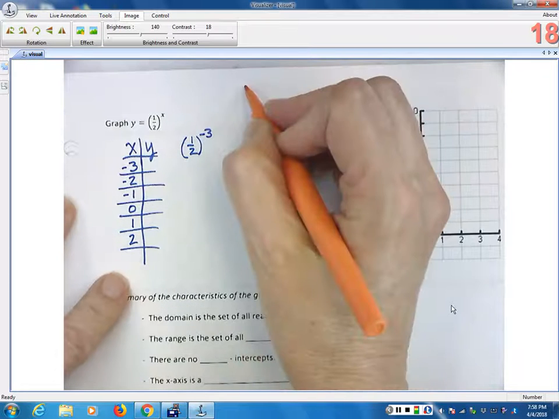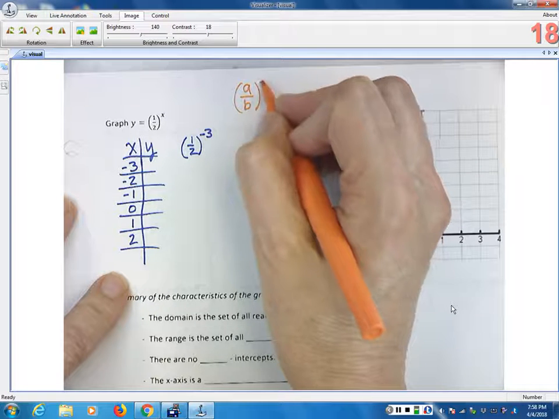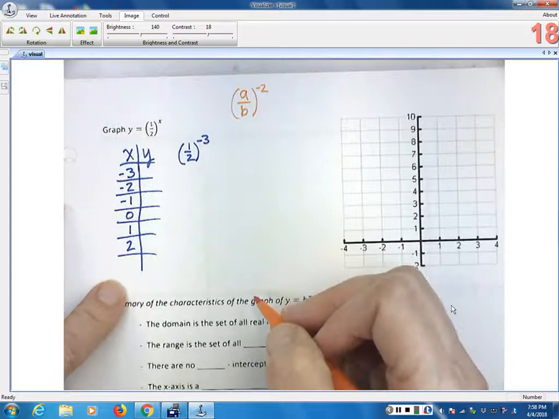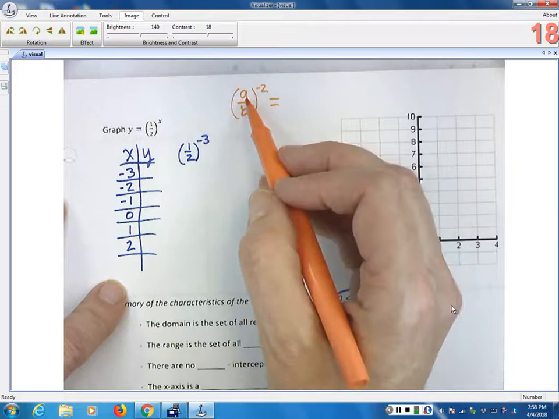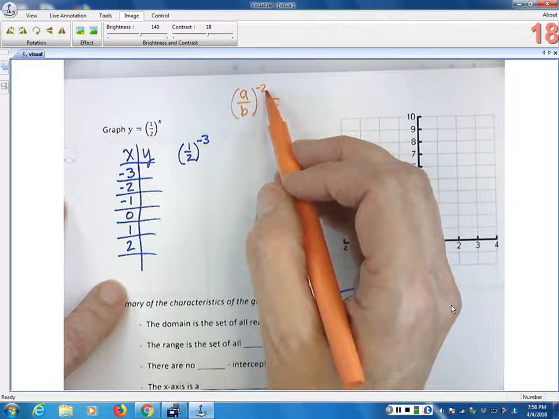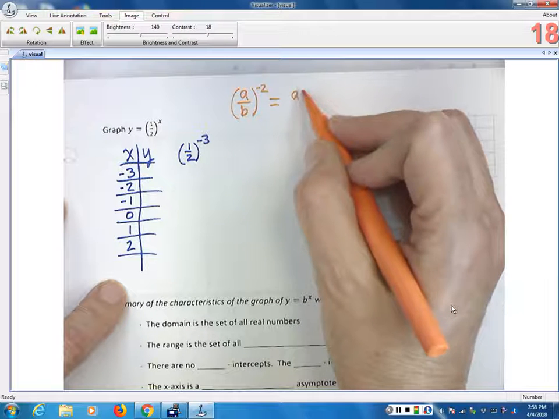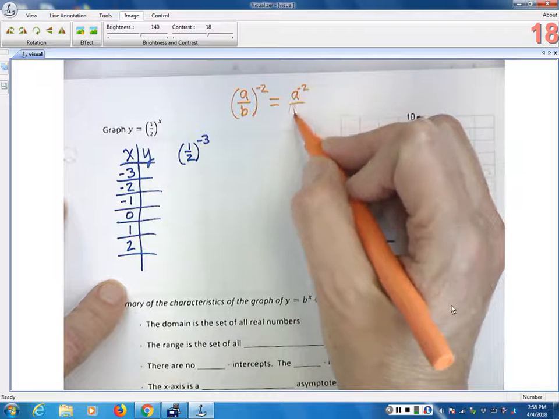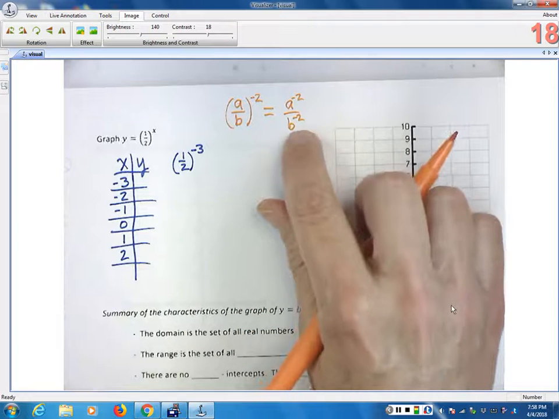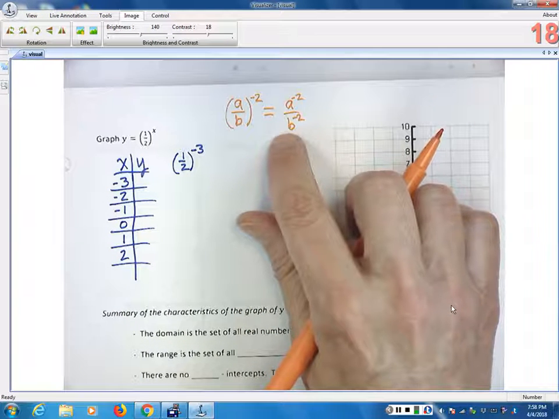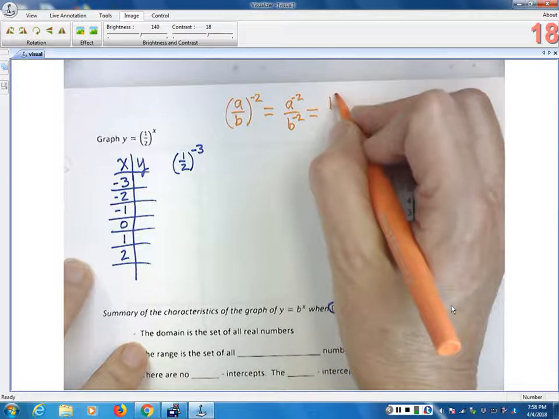If you have a over b, say to the -2, what that means on a fraction is you can apply the exponent to each part of the fraction. And then because they're both negative exponents, you're going to be moving them to the other part of the fraction and making it positive.